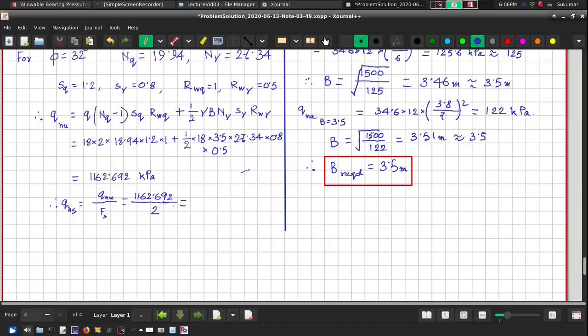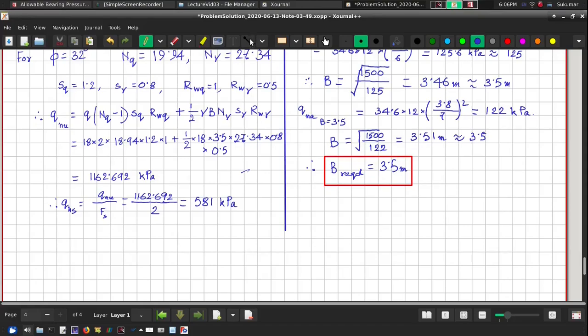So 1162 divided by 2, this is 581 kilopascal, and this value is obviously higher than 122 kilopascal.